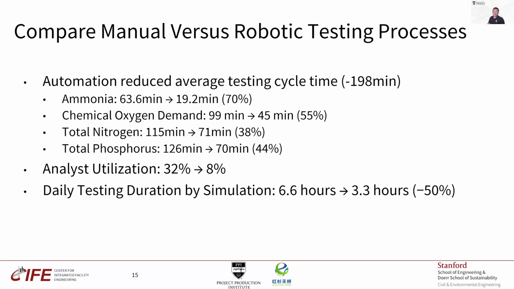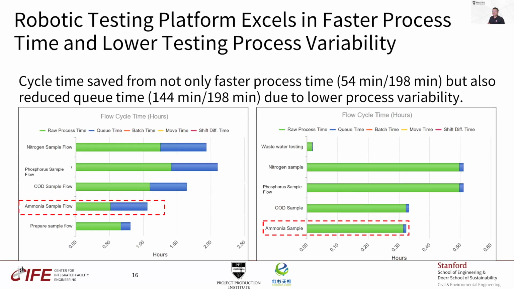We see this as a clear example of how automation shifts the process performance frontier. But one of the interesting insights from this analysis was that the robotic system wasn't just increasing the speed of the processing, but it also reduced the process variability.